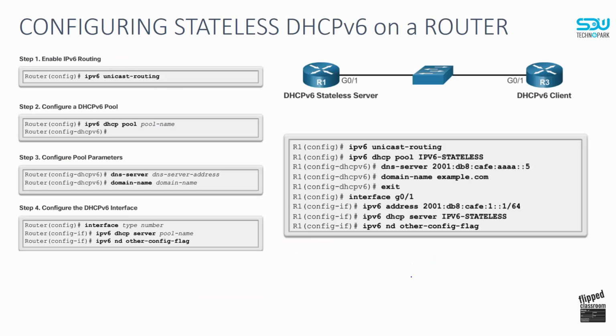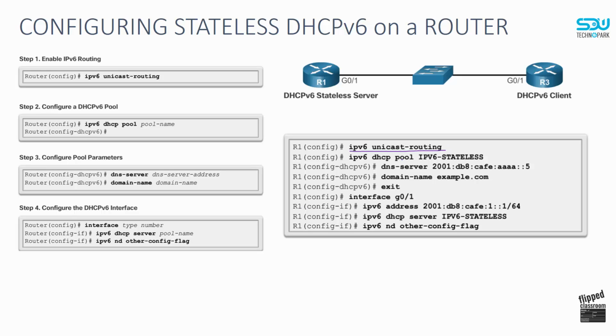Well, how can you configure stateless DHCP on the router? First of all, you have to turn on the functionality of IP version 6 unicast routing, because by default your router is not able to do routing with IP version 6. So this command is just enabling IP version 6 routing.